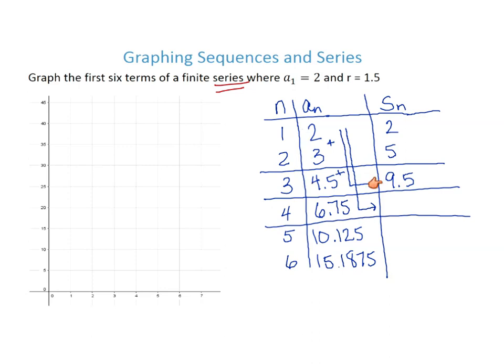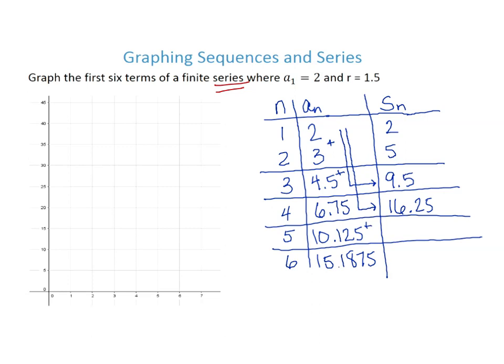We know that 2 plus 3 plus 4.5 is 9.5. And then, so up to this point it's 9.5. Then we have to add this number on. So 9.5 plus 6.75 is 16.25. And now I keep going.